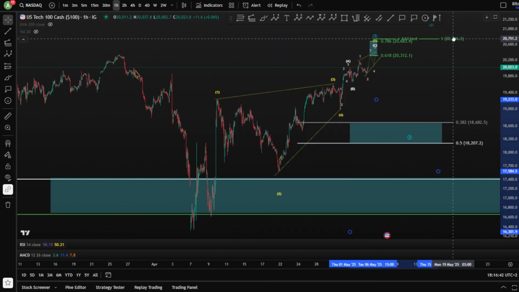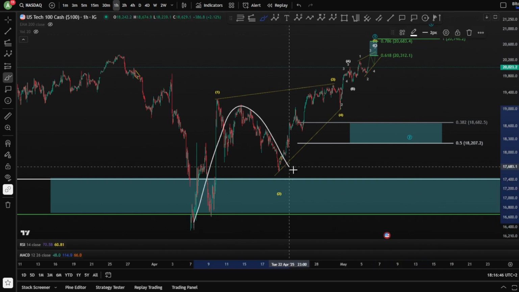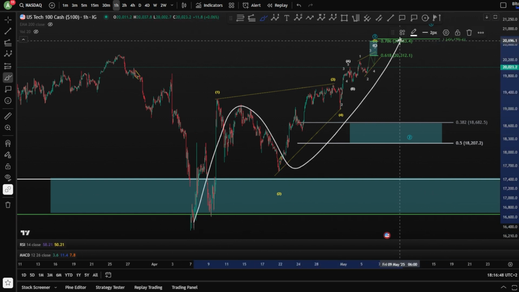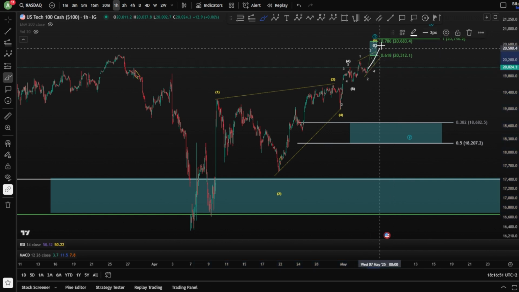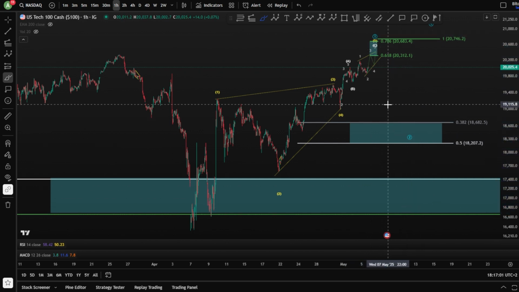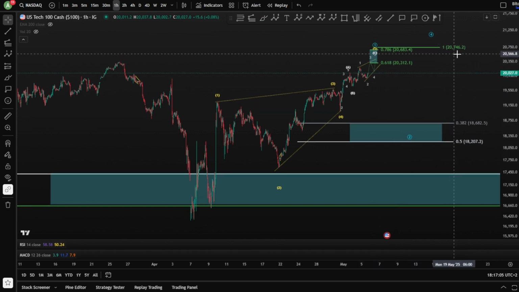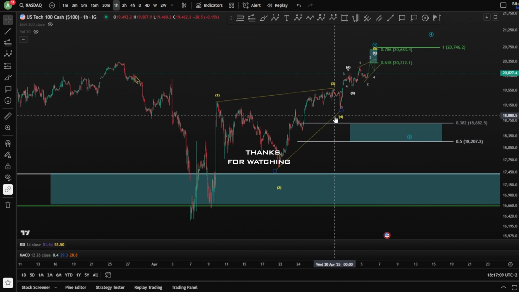We don't want to hit this level, because if we hit it, it gives a higher possibility that you are in a wave C. So if we move higher, that is not good. Then we have to give it a wave C potential, and then we might move toward the downside. So this is very critical. You don't want to see this, right? The 20K 750.